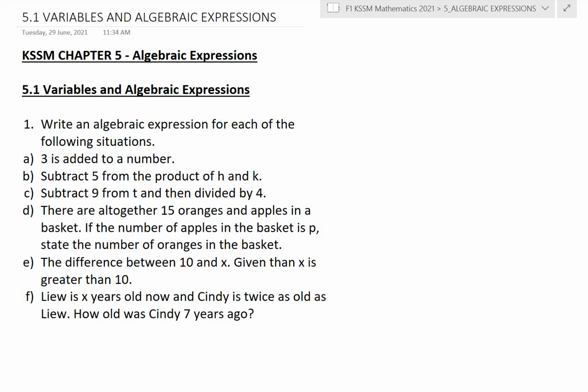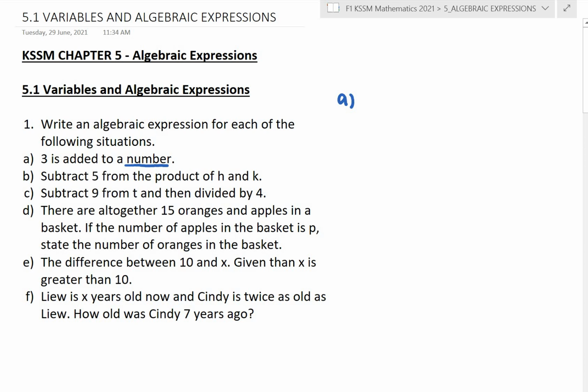For question 1, write an algebraic expression for each of the following situations. For question A, I'm going to put the answer here. The question said 3 is added to a number. Let's say a number, we let it equal to x.